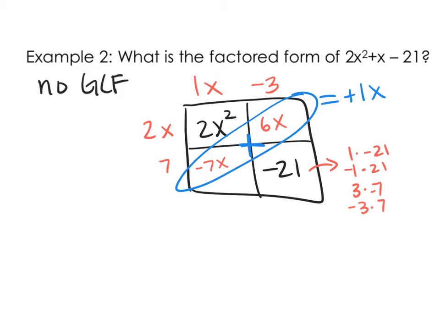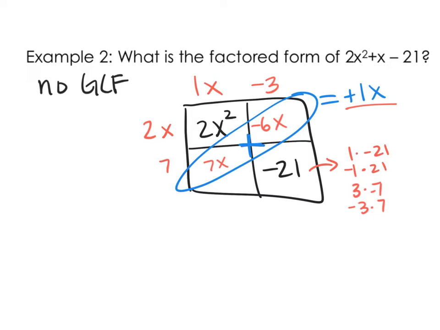A negative 3 and a positive 7. So if I switch that around, it's going to give me a positive 7x and a negative 6x, which would add to give me a 1x. Now on these, the placement of our numbers does matter because our x's are not just x's anymore.